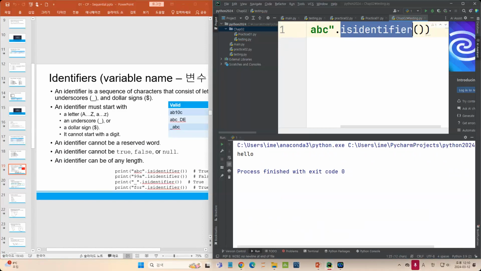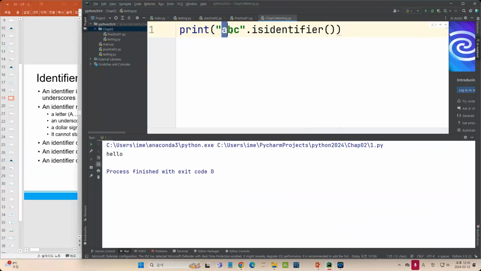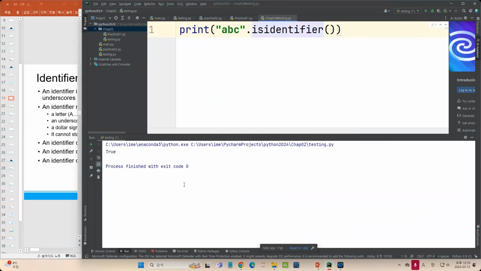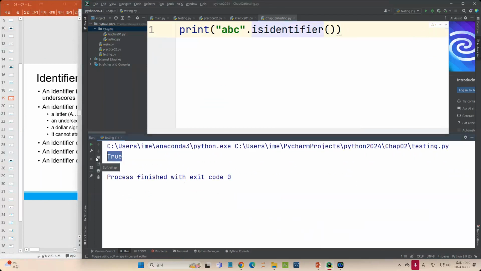Isidentifier means I want to check whether this word ABC is good for being an identifier or not. So if it is true, then you can use this one.